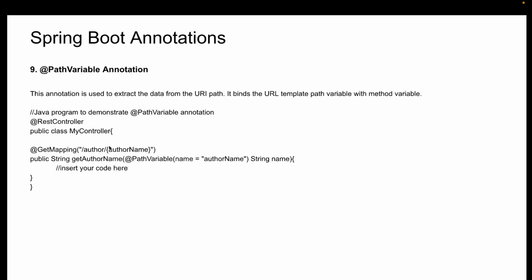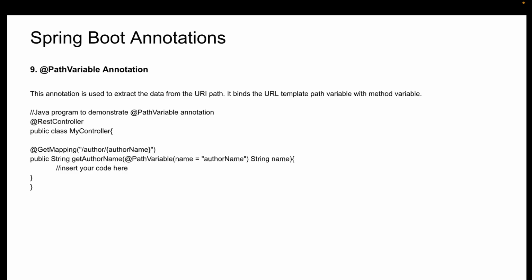When we use curly braces and a path variable name, Spring Boot identifies this as a placeholder which will be replaced by the request of the user. Whatever the client tries to hit on a browser, that value will replace this placeholder.